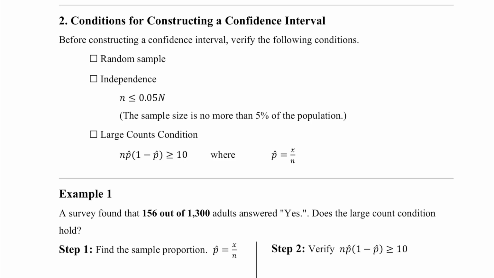Finally, we check the large counts condition. The condition is n times p hat times 1 minus p hat is greater than or equal to 10. Be careful here. Use the sample proportion, p hat, not the unknown population proportion. If the three conditions are satisfied, then we can conduct a confidence interval.